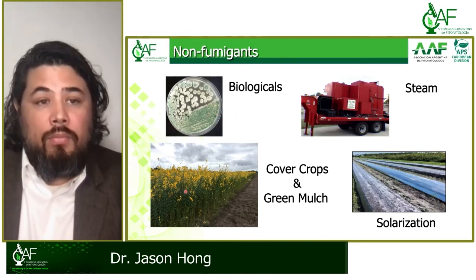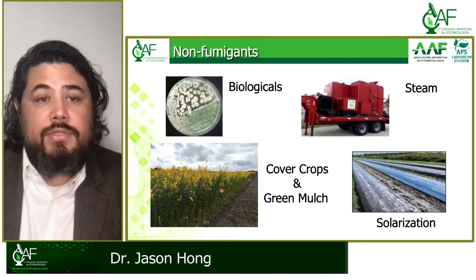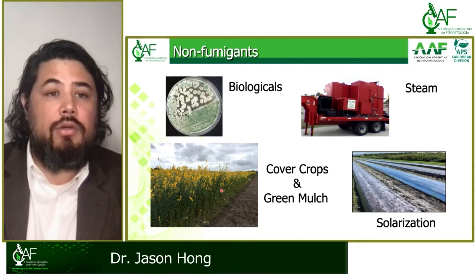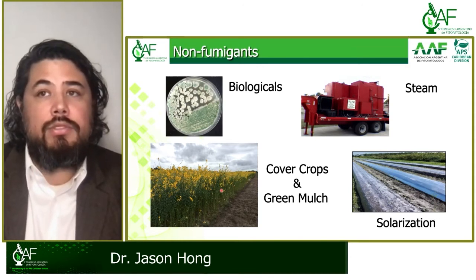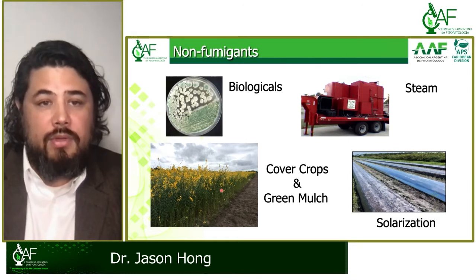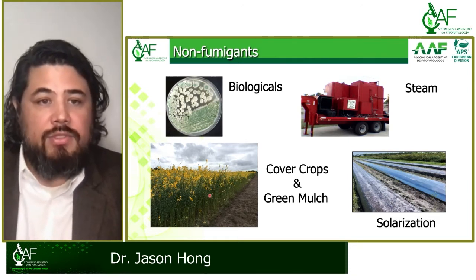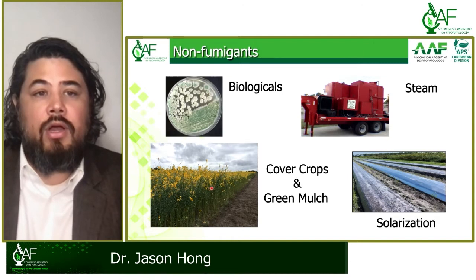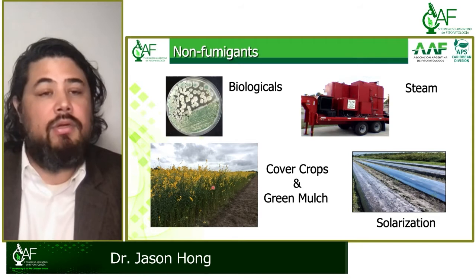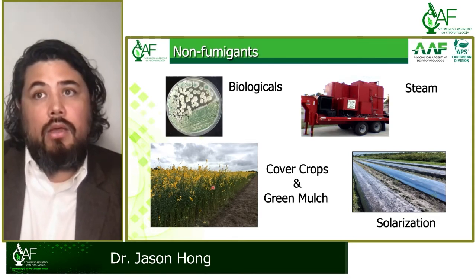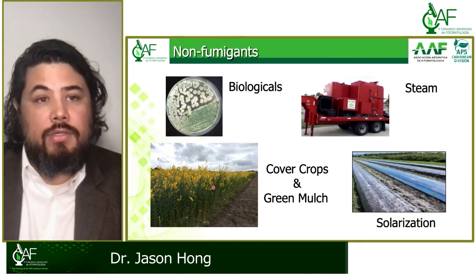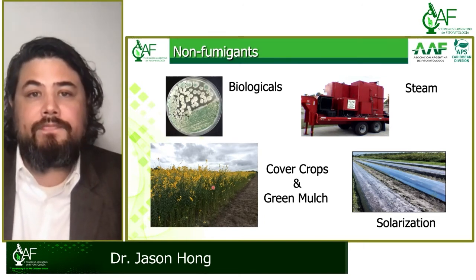Other methods use cover crops: in between planting tomatoes or cucurbits, they'll plant a non-host for these pathogens, which will limit the population. A lot of times they'll mulch in the cover crop, which adds a soil amendment that can encourage a greater diversity of bacteria, which will limit the soil pathogens.